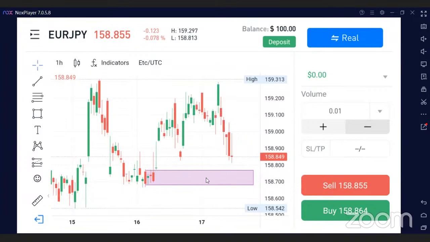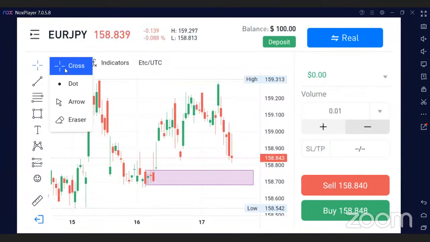And this is the box where we want the market to get to. So we want our market to get to this point. Now, what is the price around this area? So let's use our crosshair. Sorry, let me just select the crosshair.